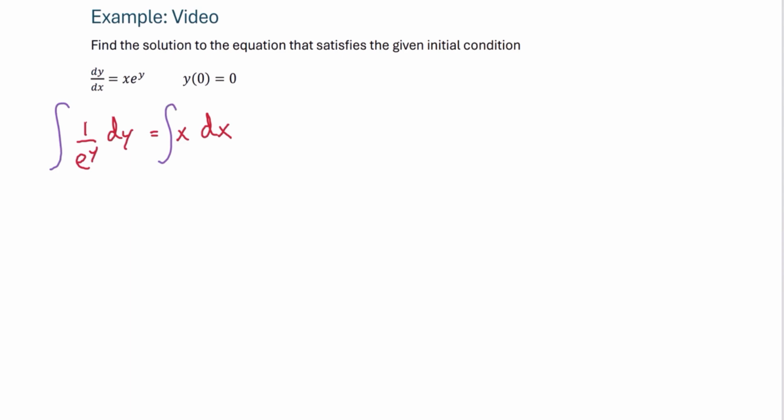On the left, we get negative e to the negative y, and on the right, we get 1/2 x squared, and we'll add our constant on the right side. Now let's use the initial condition y of 0 equals 0.